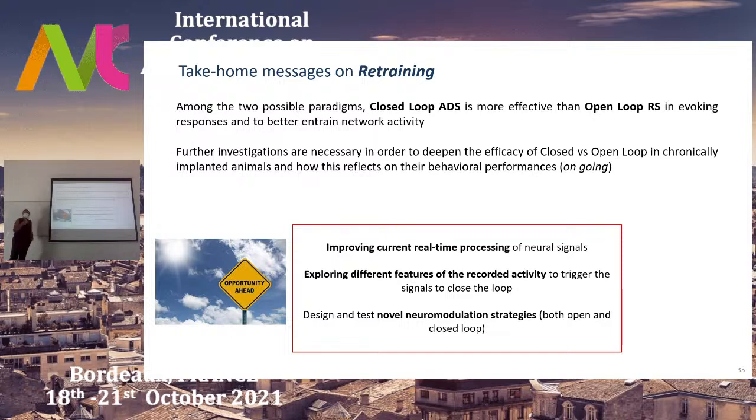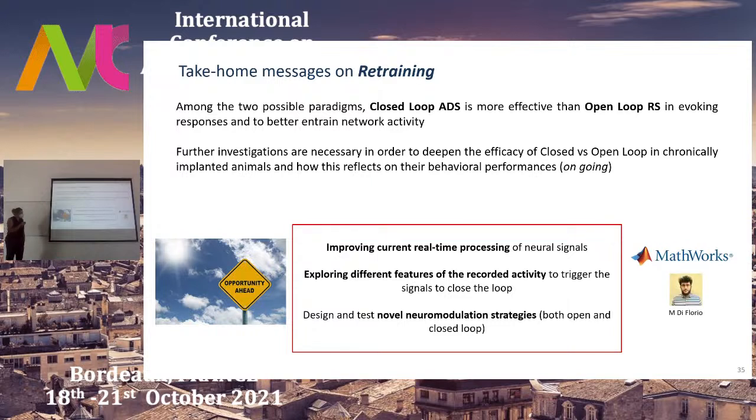Because, for instance, for translation in humans, especially by using non-invasive brain stimulation approaches, it could be better to use an open loop approach, because the closed loop is very difficult to implement with non-invasive brain stimulation now. So we are also investigating alternative open loop approaches which are more personalized in order to better entrain activity and obtain, if possible, similar results to the closed loop.